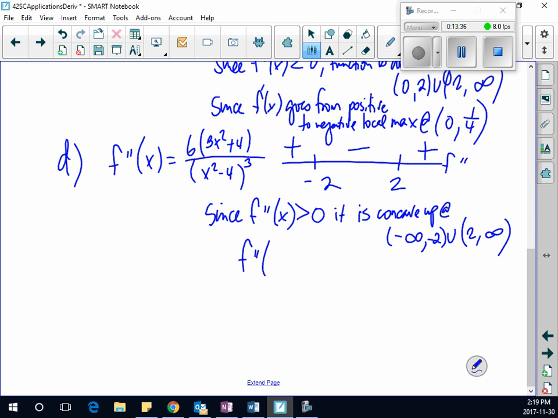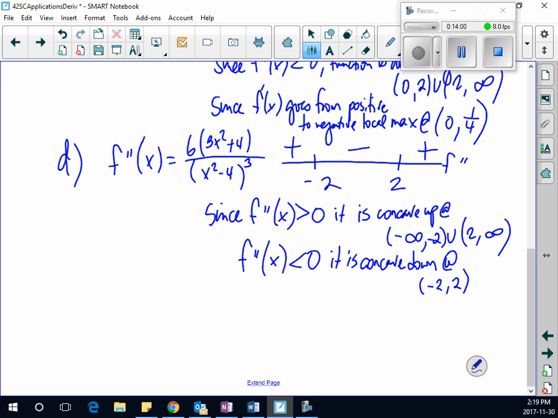F double prime x is less than 0. It is what? Concave down at negative 2 to 2. Do we have an inflection point?